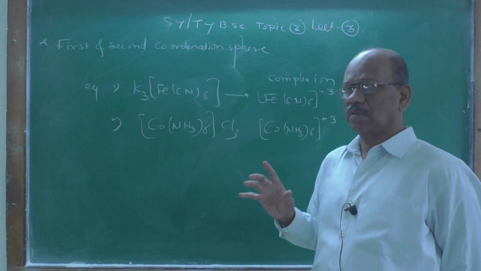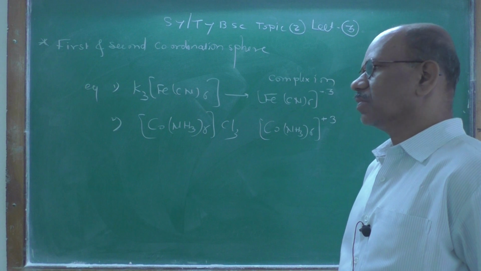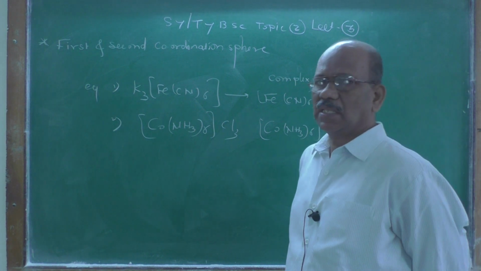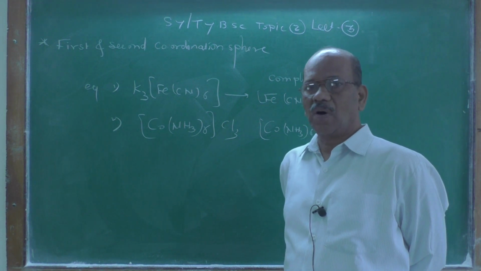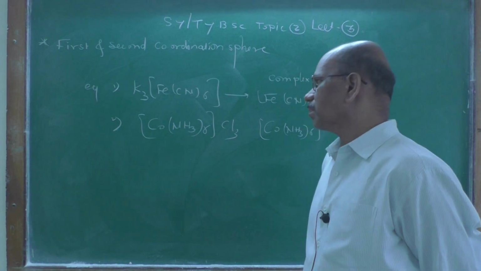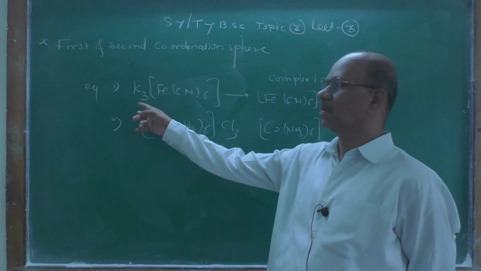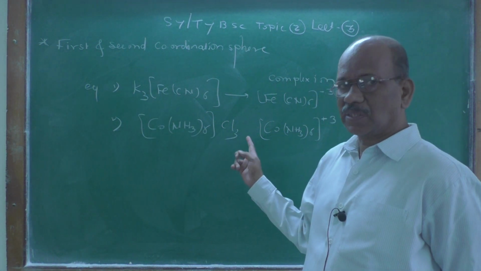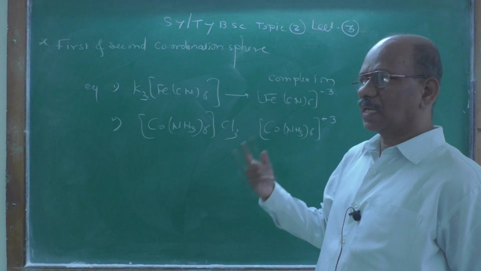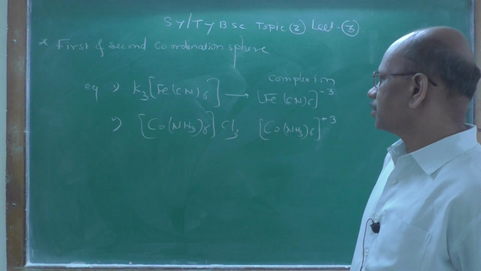In short, the conclusion is that the complex ion present in a coordination compound is generally present in the first coordination sphere, while additional radicals, either cation on the left side or anion on the right side, are considered to be present in the second coordination sphere.